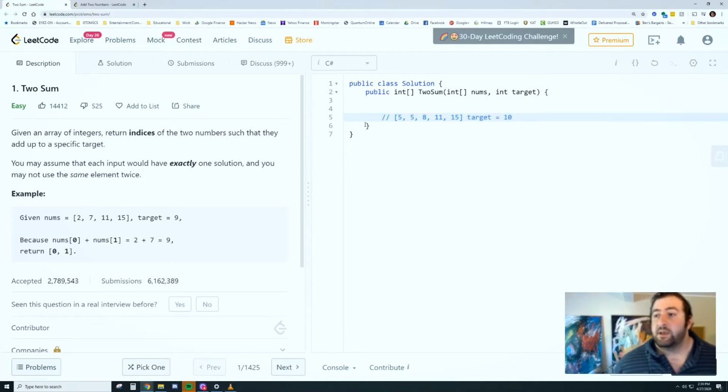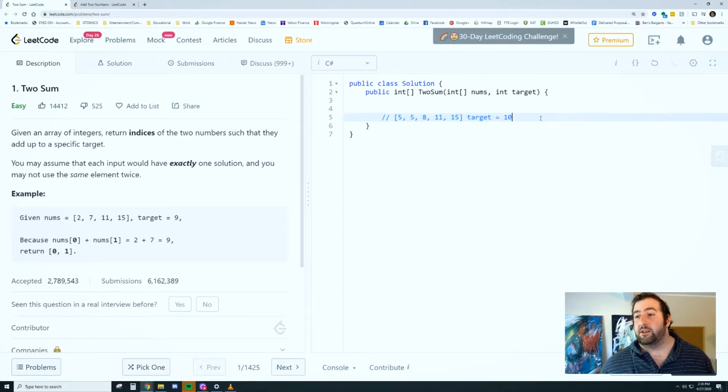In this case, we cannot use the same element twice, which is 5. We can't come back to this first 5 and use it twice. But we could use these two separate elements, although they're the same number.